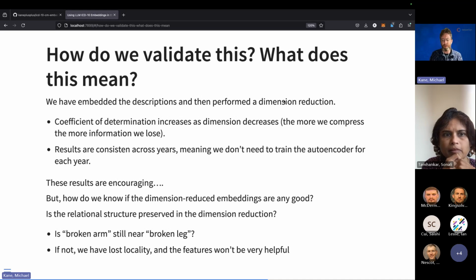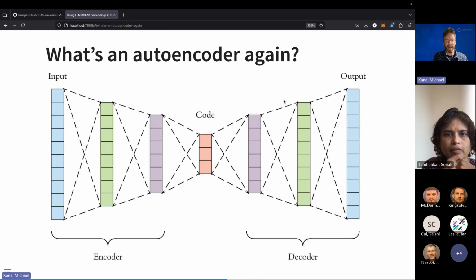And the thing that we were worried about at this point is that in the original representation for the vectors, we showed that semantically, if two things are close, they're going to be close in the embedding. It wasn't clear to me that translates to the dimension reduced version, right?